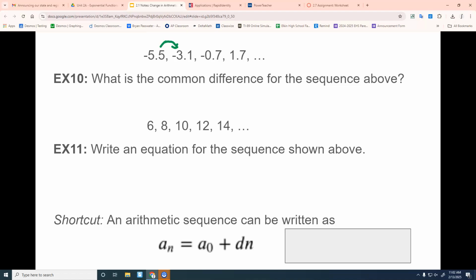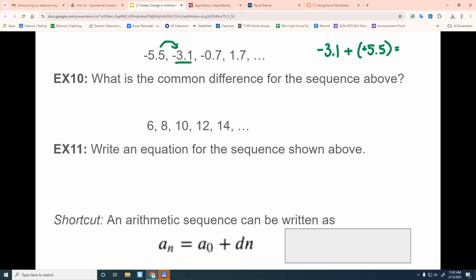But what you can do every single time, and it always works, is take a term, like -3.1, and subtract the term before it. So if I do -3.1 minus -5.5, that really is like we're adding there.